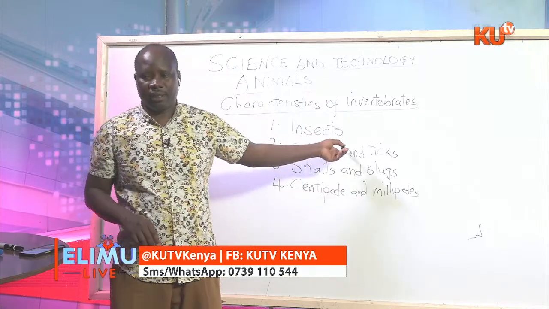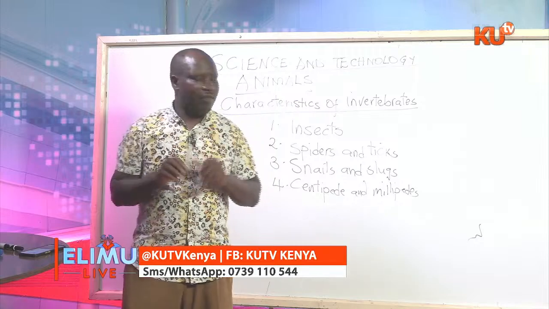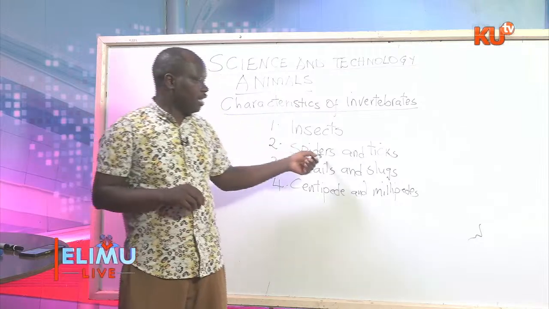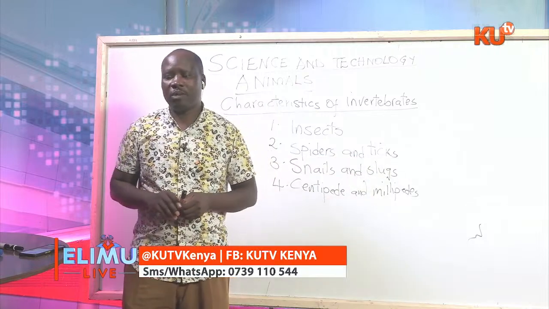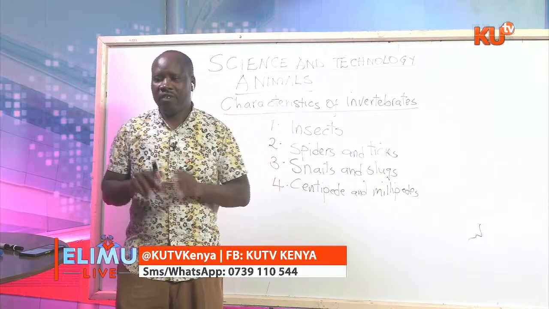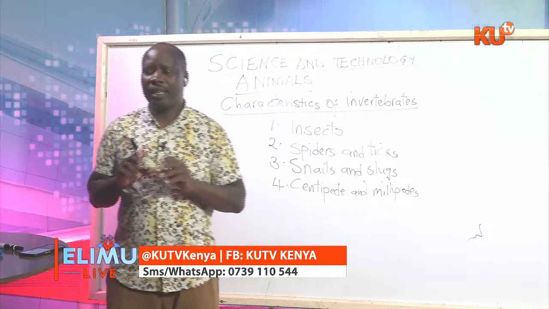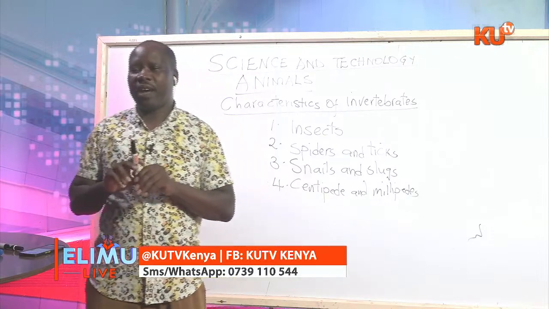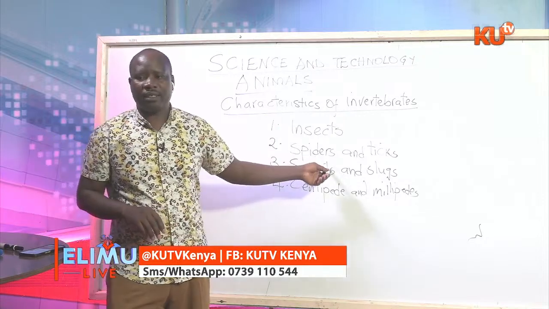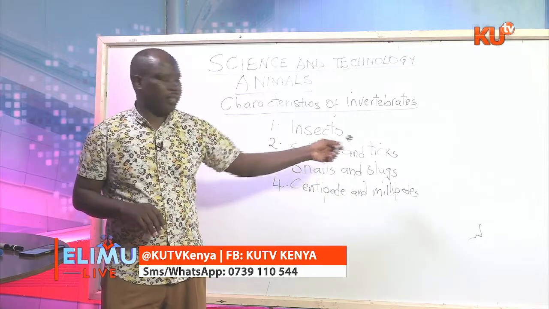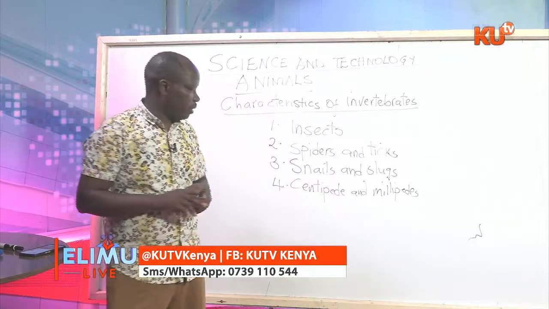But insects, take a housefly, they do not have any bone. If you kill a spider or a tick, ticks are found mostly on our domestic animals, you will not find any single bone. Therefore, ticks and spiders form our second category of invertebrates.